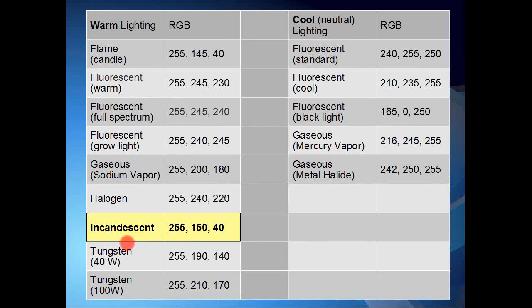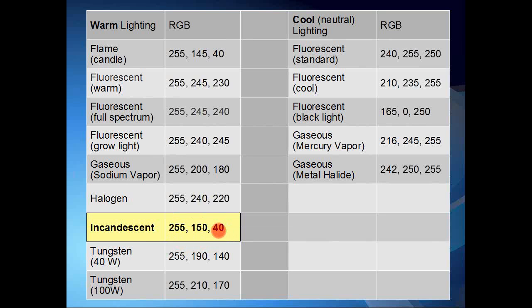My porch light has an incandescent bulb. And so what I've decided is that the appropriate RGB values for an incandescent bulb are bright red, less green, and then far less blue.